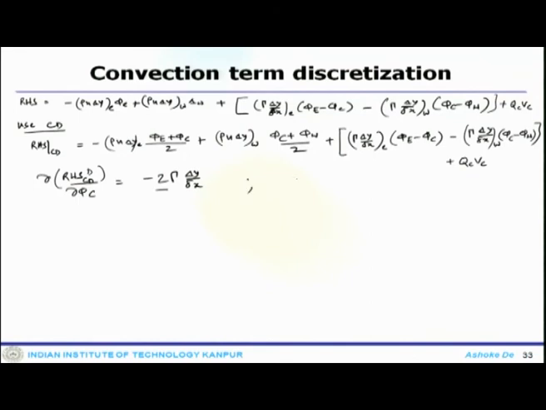And similarly, the right hand side for CD, the convection term, gives minus half of m dot E plus m dot W.